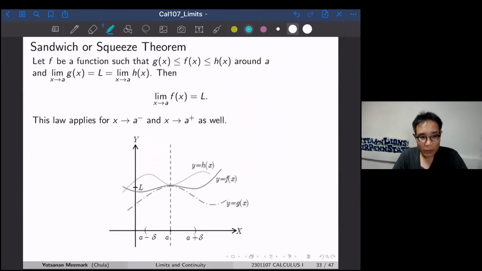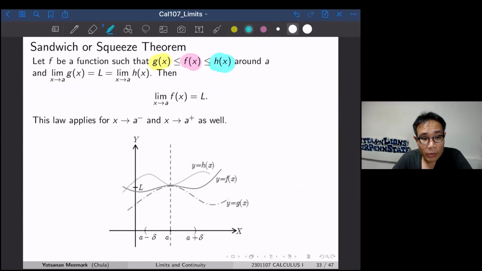The next thing that we're gonna study is called the sandwich or squeeze theorem. The sandwich or squeeze theorem: you have f be a function such that the function f, which is the middle function, lies between two functions called g and h, around x equal to a.